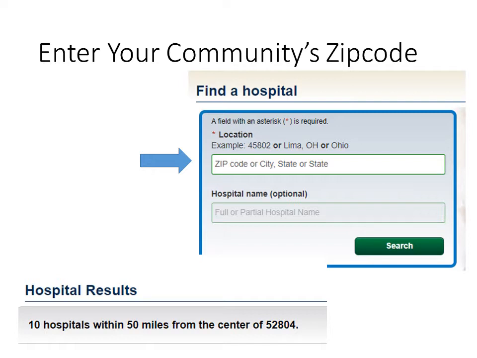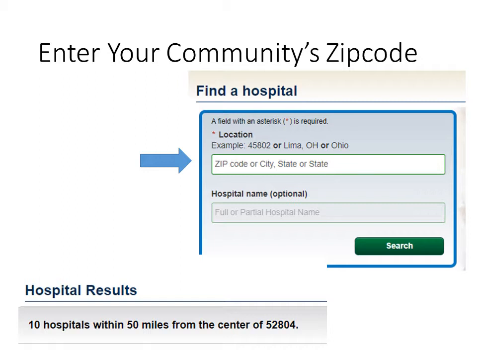As an example that I've been using for you in this class, I put in 52804, and I came up with 10 hospitals within 50 miles from the center of 52804. Those of you familiar with this particular community might say, wait a minute, are there 10 hospitals? If you delve deeper, there are 10 hospitals. They might be from the same 2 or perhaps 3 organizations, but they are indeed considered separate hospitals.